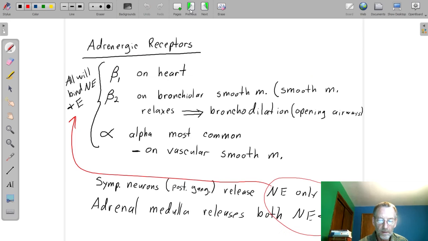It also binds to the beta-2 receptors on the lungs and causes bronchodilation, opening the airways. What is going to kill somebody with an anaphylactic reaction if it gets out of hand is bronchoconstriction and crashing airway or crashing blood pressure. Okay, let's move on.